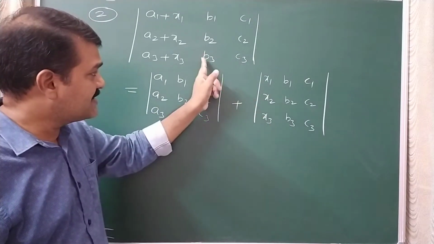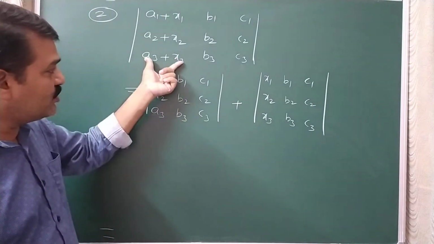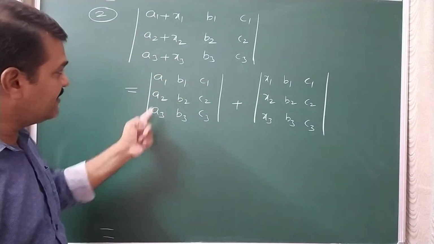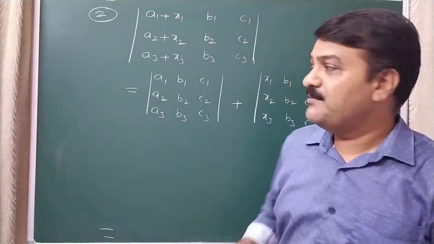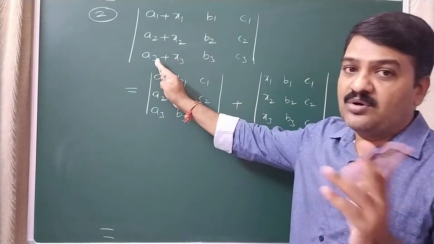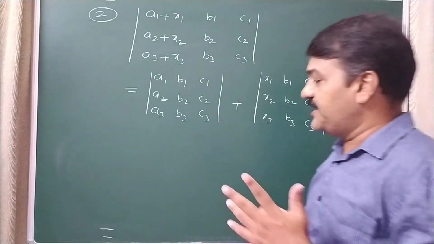You can see the second column and third column we wrote as they are. We split only this column. First numbers we wrote in the first determinant, second numbers in the second determinant. So a determinant can be split as a sum of two determinants through a row or column which has a sum of two numbers like this.